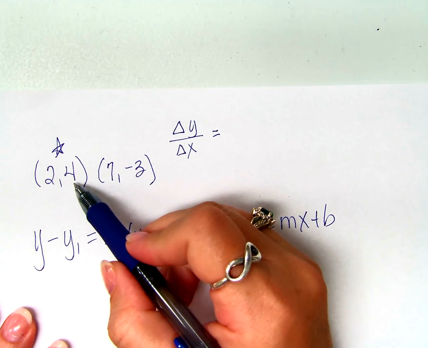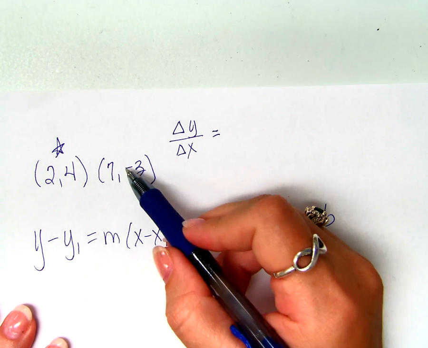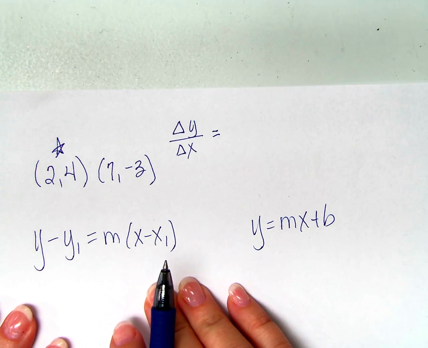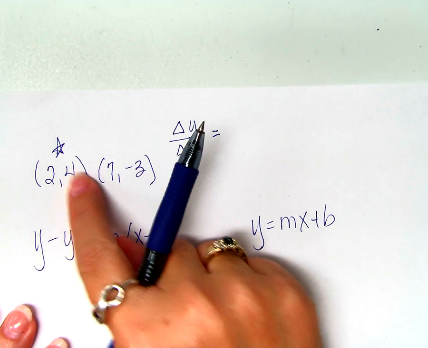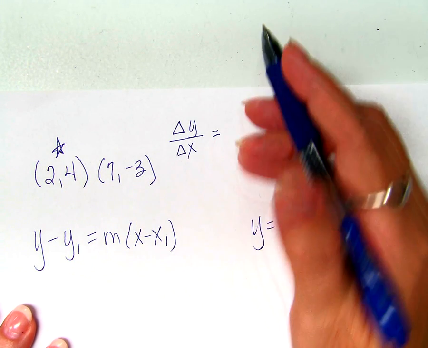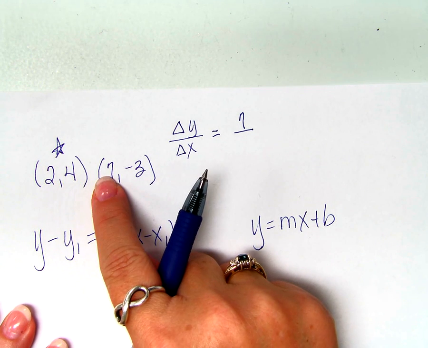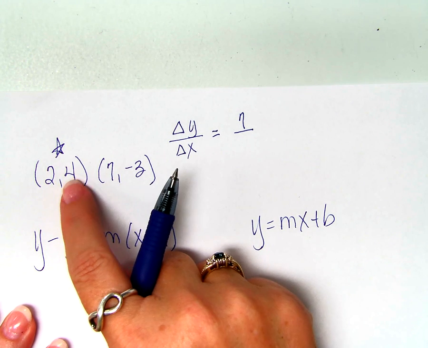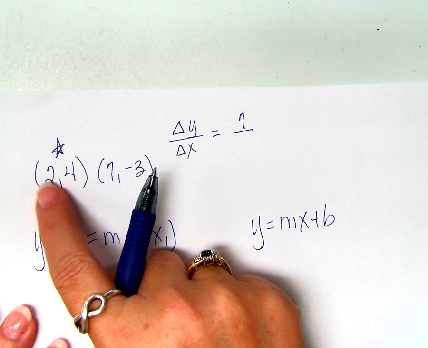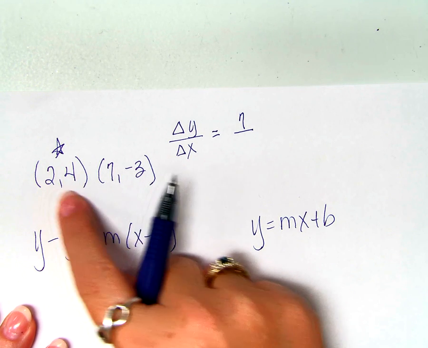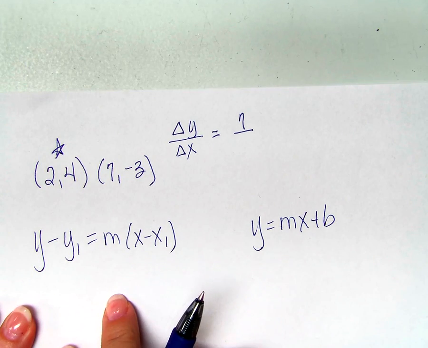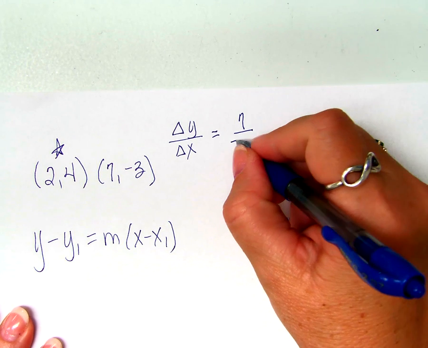So I start with my y's. 4 minus negative 3. Finding the difference of my y's. So 4 minus negative 3 is 7. Then 2 minus 7. Wait, if I start here with my y's, don't I have to start here with my x's? So that's why I said 2 minus 7. What is that? Negative 5.